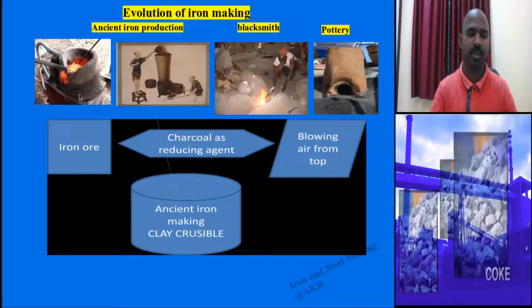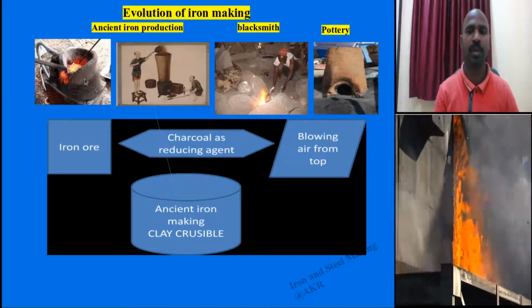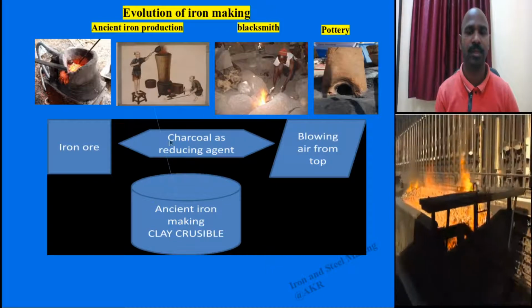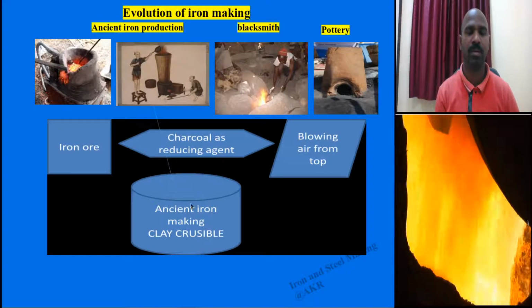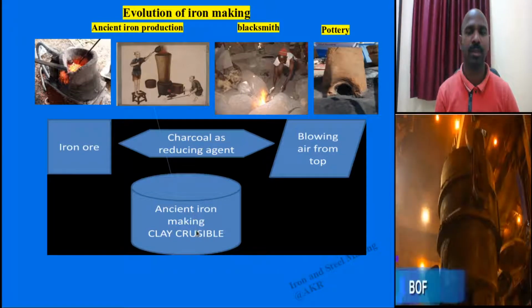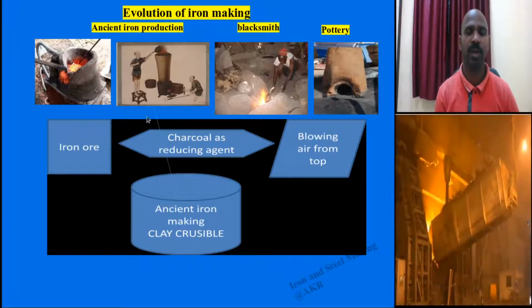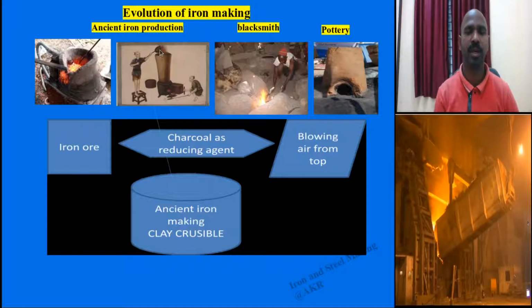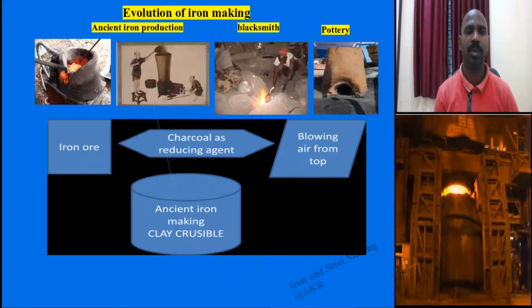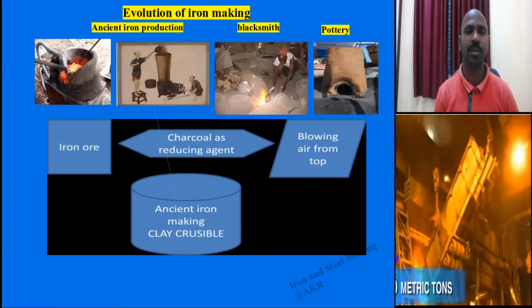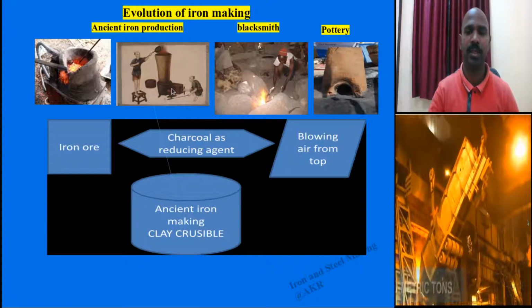Other tools were made, and it slowly evolved with a simple understanding of ancient iron making, constructing a crucible, pouring in the iron ore, and molten metal and slag would come from the bottom of the blast furnace.